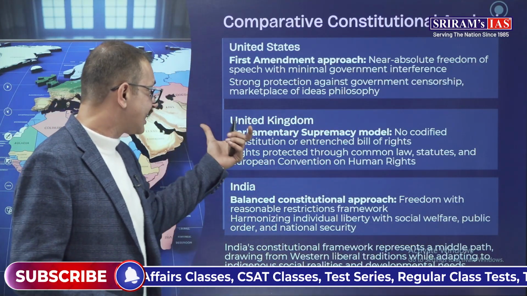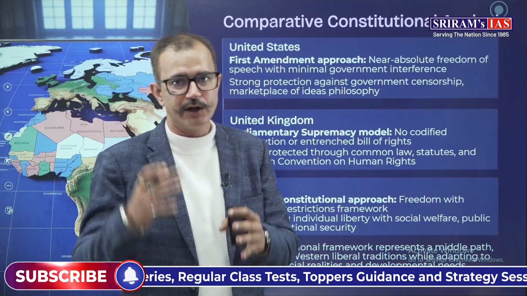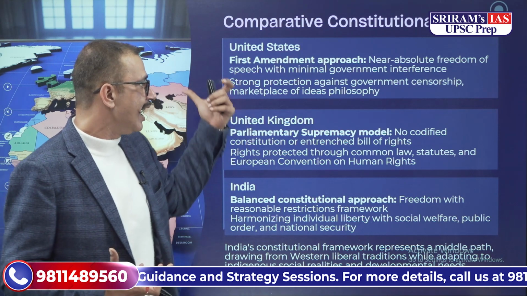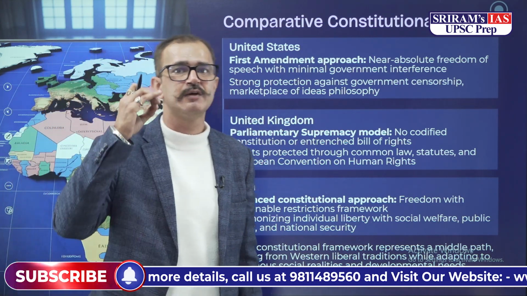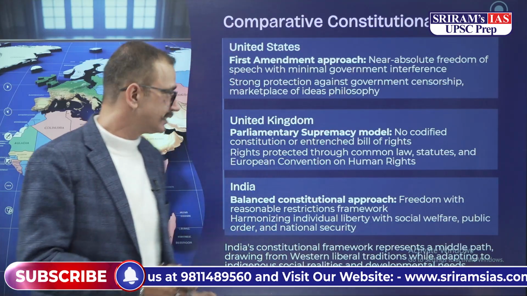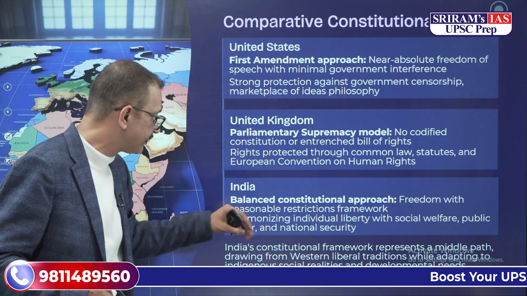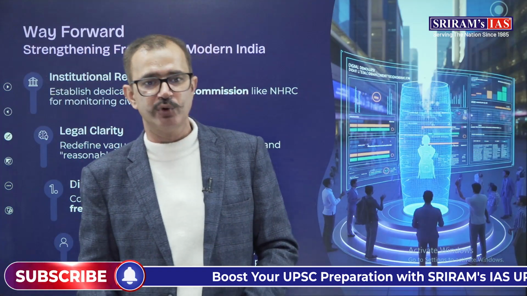Then when it comes to the United Kingdom, parliamentary supremacy has been adopted. Their parliament is supreme, and there is no codified constitution or entrenched Bill of Rights given to UK citizens. When it comes to India, there is a balanced constitutional approach where we have freedom with certain reasonable restrictions imposed.